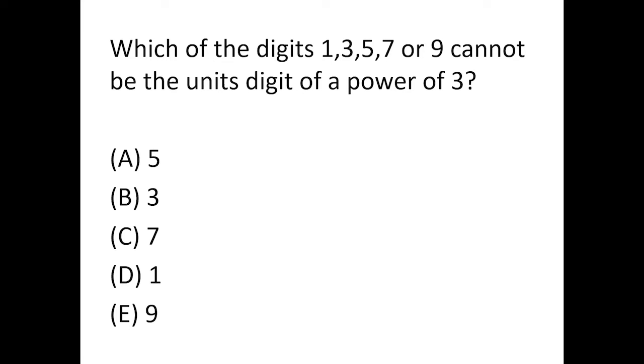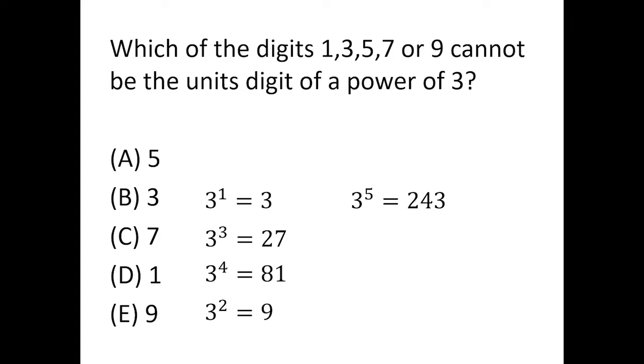The first power of 3 is 3, and the second power is 9, and those are both units digits. 9 times 3, which is 27, and that's the third power of 3, so 7 is the units digit, and the fourth power of 3 is 81, so you have 1 as the units digit. You've already eliminated 4 of the 5 different options, and that just leaves option A.